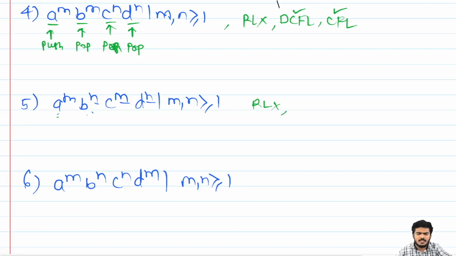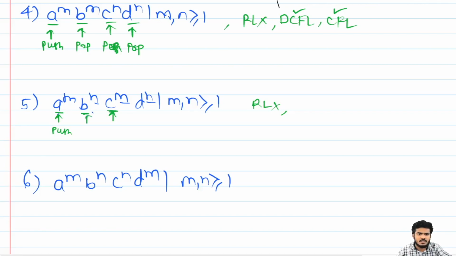Similarly, this language I gave you as homework in that particular class, and we have seen that we are not able to match these a's with these c's, because in between we are getting n number of b's, and if we push these into the stack, then for removing the a's from the stack we need c's, but we are not getting c's immediately, we are getting b's.